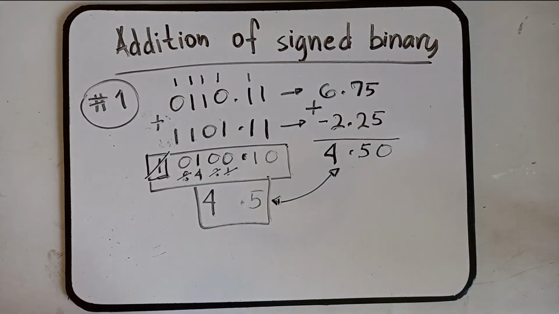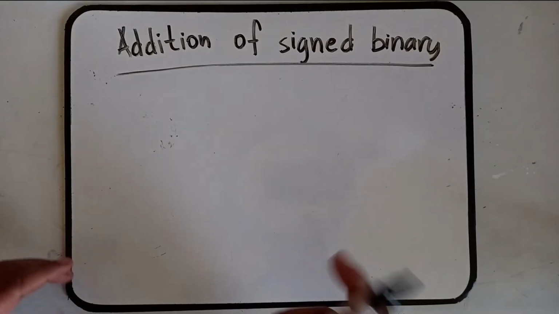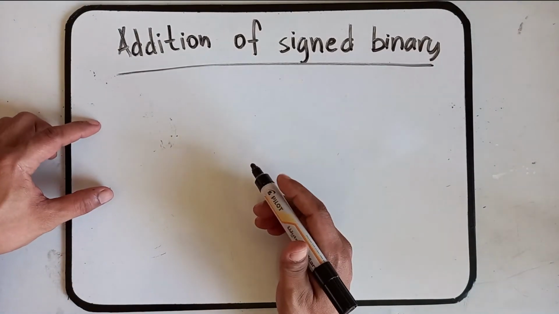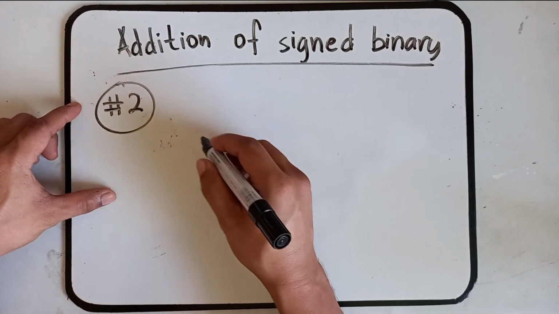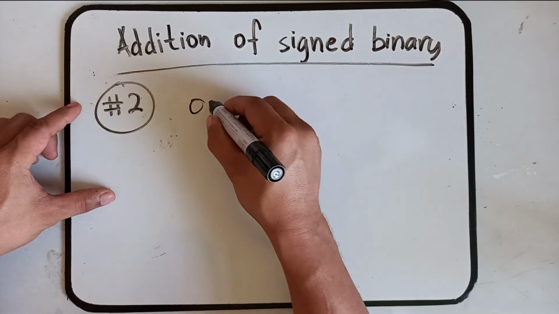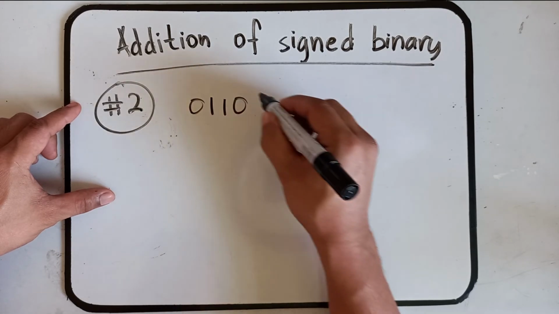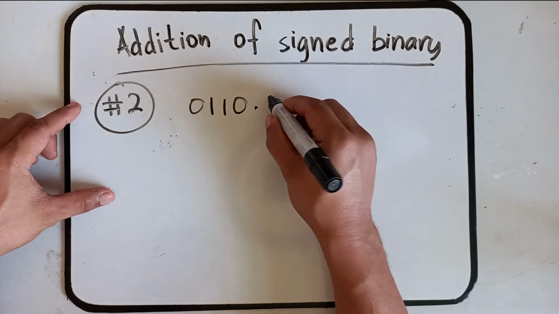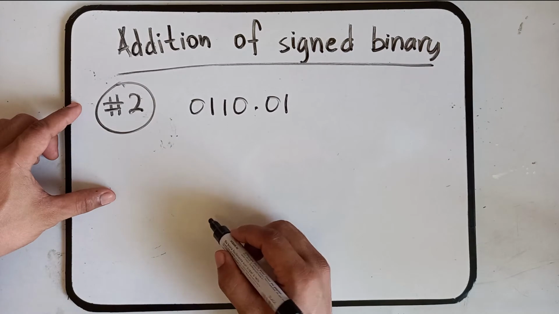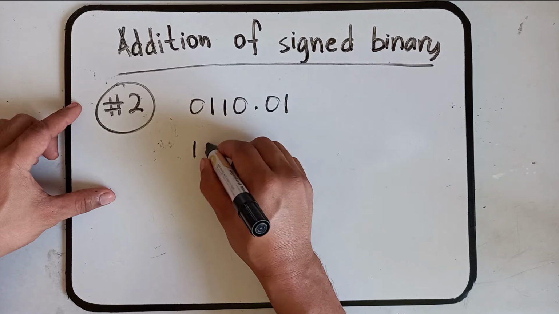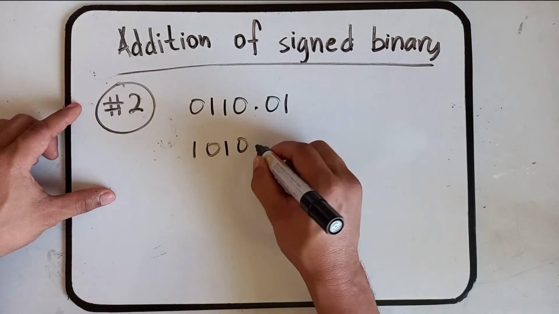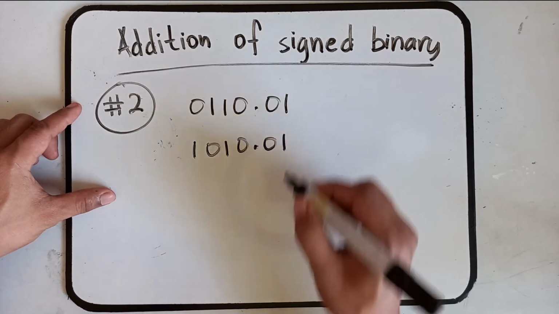Right, so let's have another example. This time let's try having this number. Sample number 2. Let's say 0110.01 and then 1010.01.